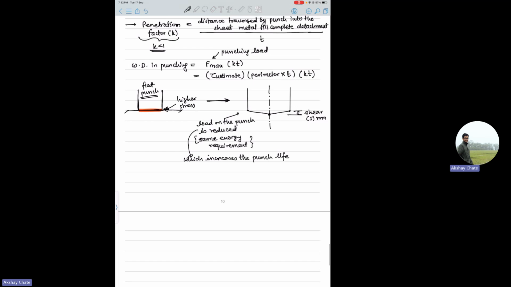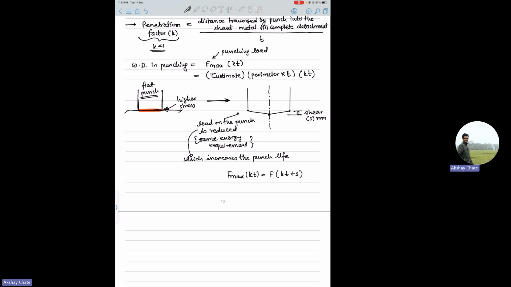Then you can do this energy balance. Initially the energy was F max into KT, and finally after providing shear you have F, the actual force after shear, that becomes F into (KT plus S).